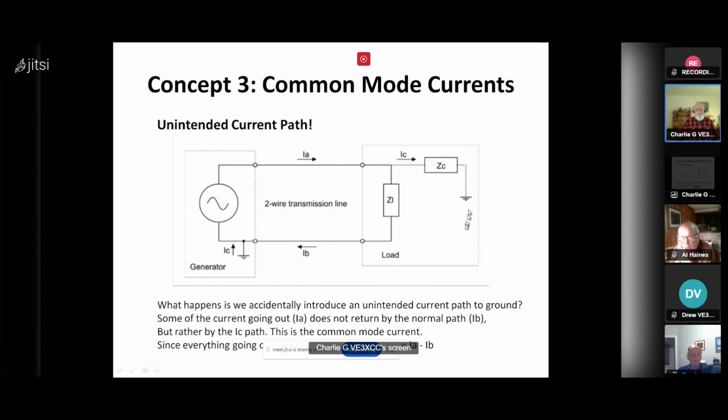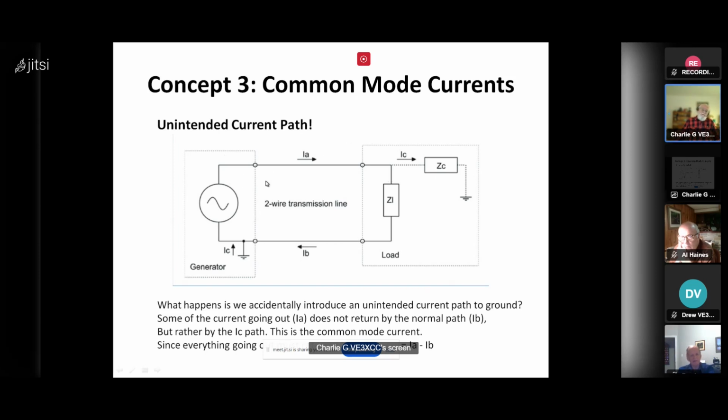And of course, since that ground ends up with this ground over here, you've now got current flowing out here that does not come back in this path, but rather uses this other path to come back. That is the common mode current.